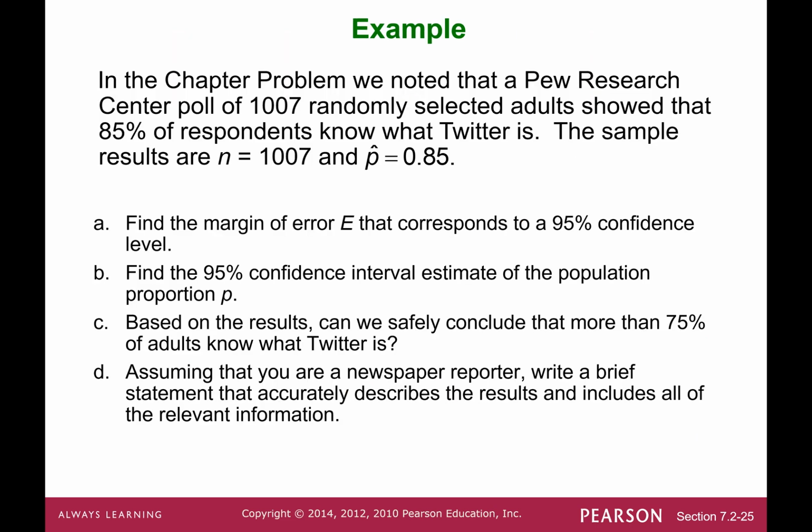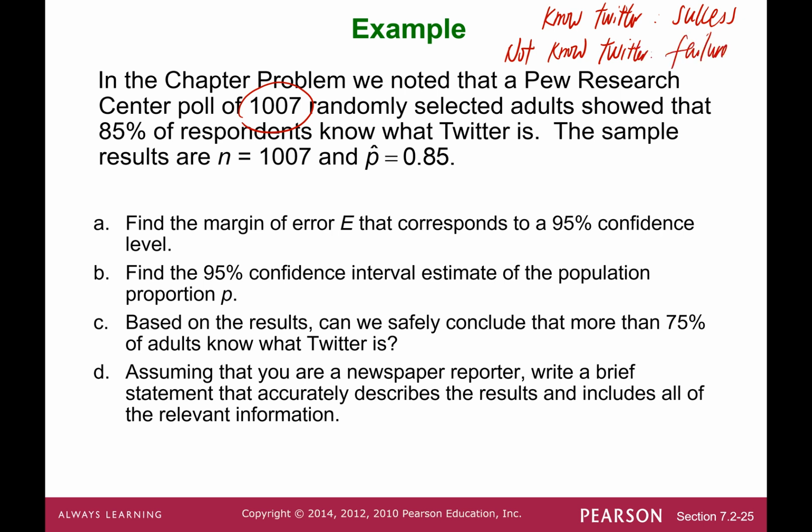Right, now let's take a look at a concrete example. The Pew Research Center poll of 1007 randomly selected adults shows that 85% of the respondents know what Twitter is. So knowing Twitter is what we call a success event, and not knowing Twitter is a failure event.